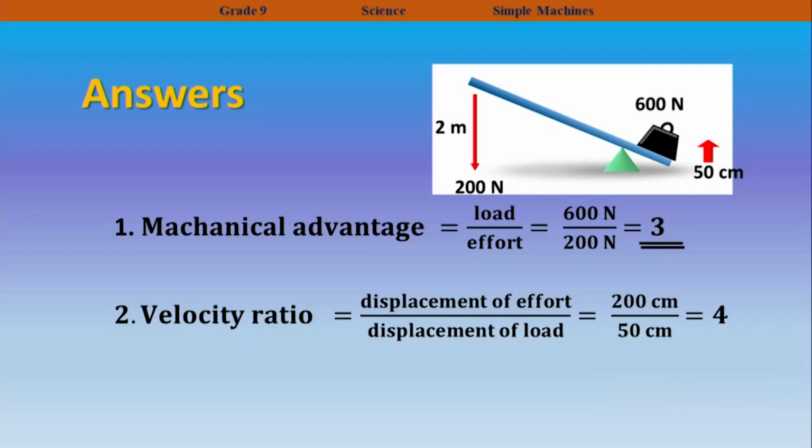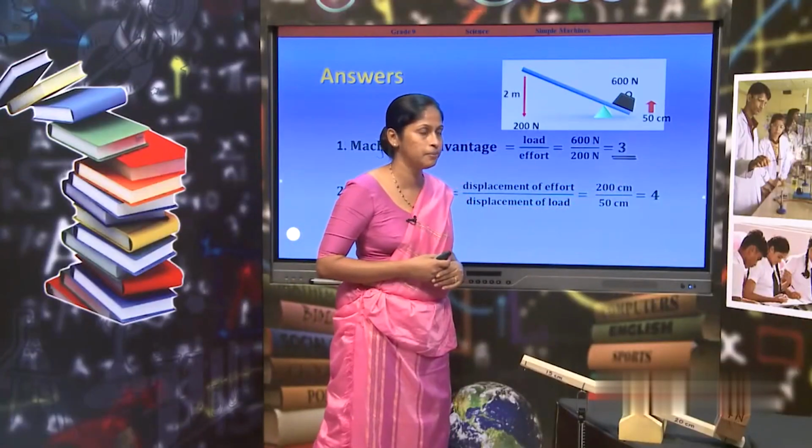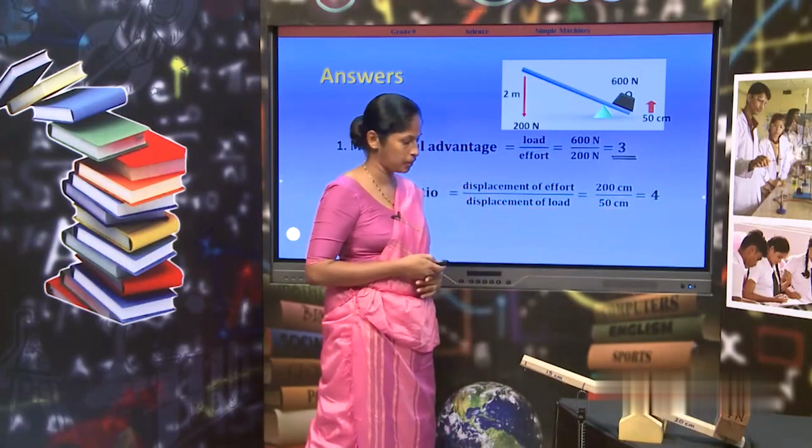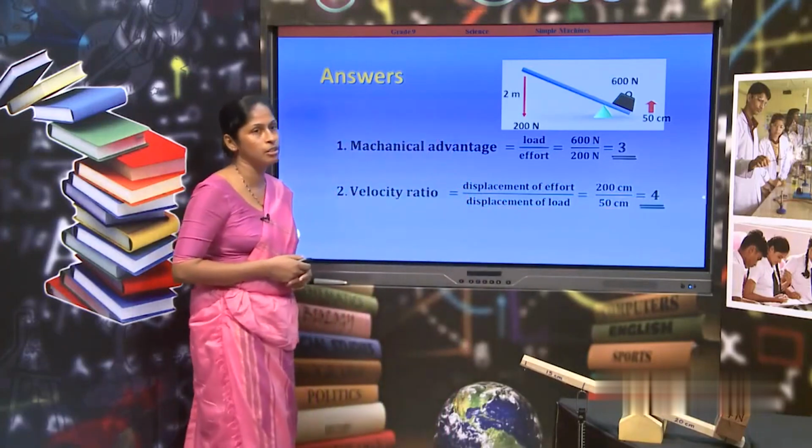Children, you also can use this kind of small tricks when you are doing your calculations. 200 divided by 50, that is 4. Velocity ratio is 4.